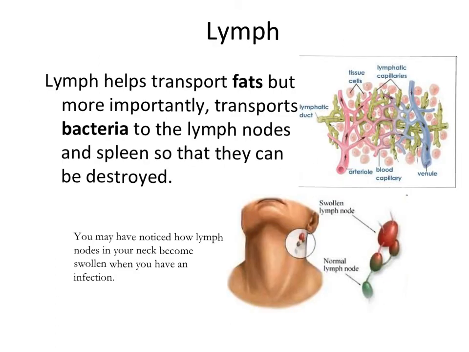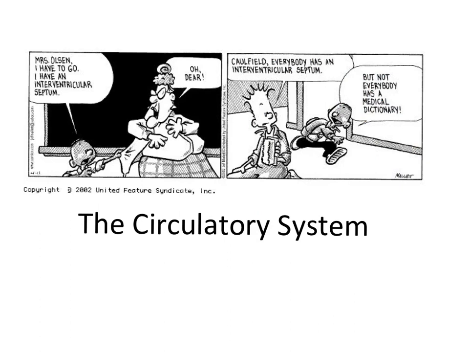The lymphatic system helps to transport fat around the body, but also transports invading bacteria to the lymph nodes where they can be destroyed. It also helps to collect excess fluids from around the tissues and puts them back into the bloodstream. So that's finally it for the circulatory system.